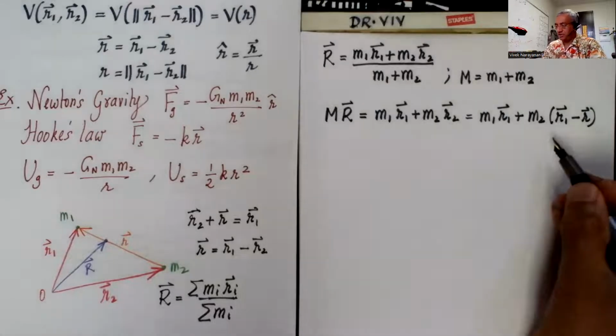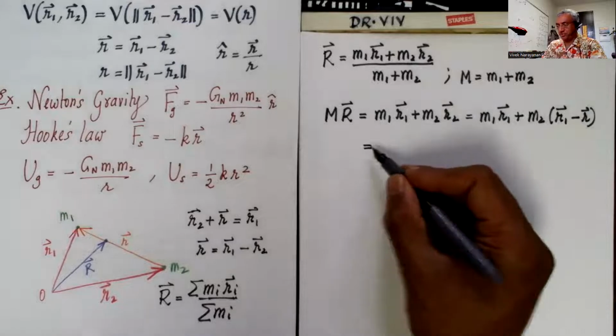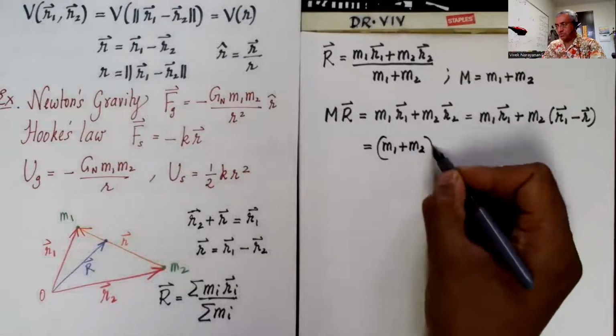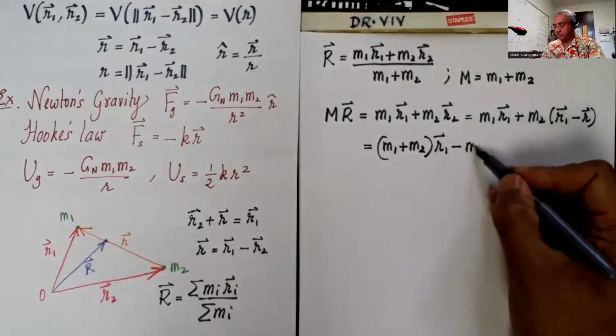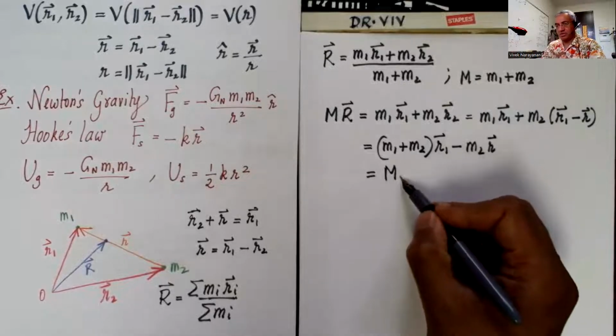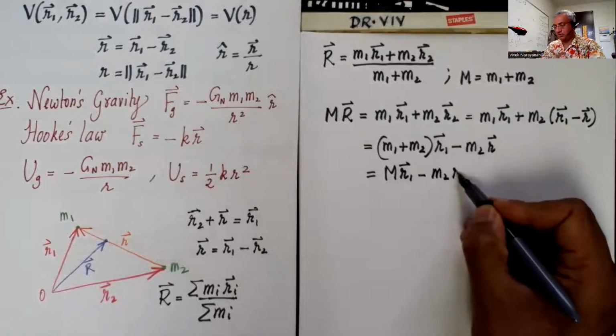So let me proceed. Here I have a R1 and I have an R1 there. So that's going to give me M1 plus M2 times R1 minus M2 times R. Well, that's just capital M R1 minus M2 times R.